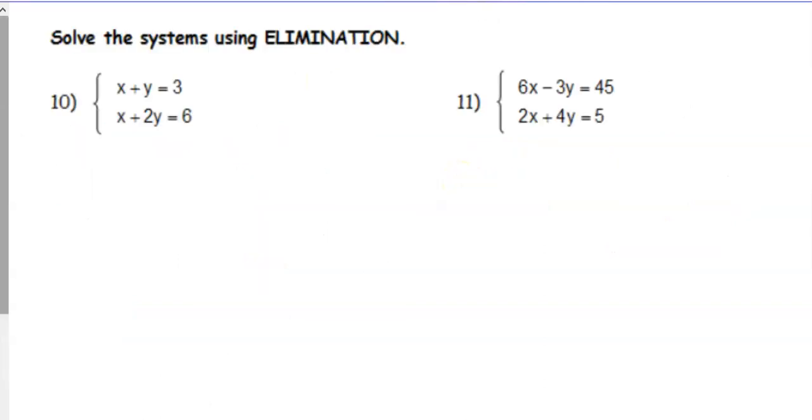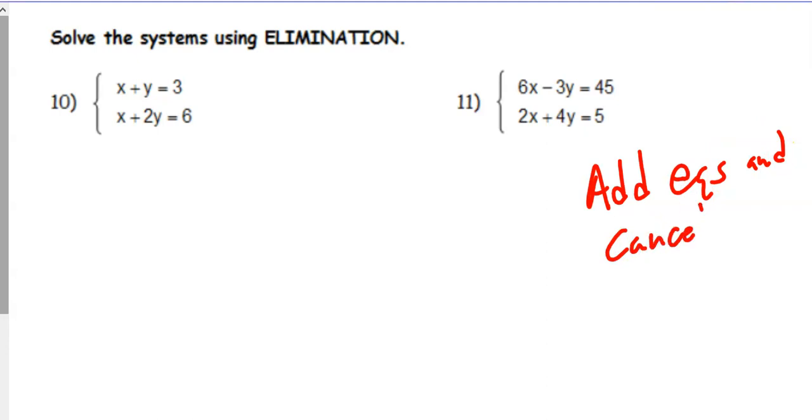Elimination is the last method. Some people call this addition or subtraction as well. But again, it's the same sort of idea. What your ultimate goal is, you're going to add equations and cancel a variable.